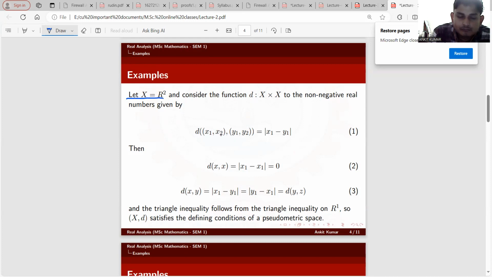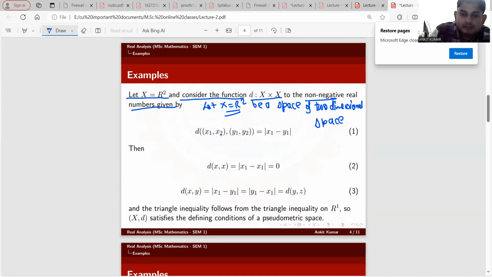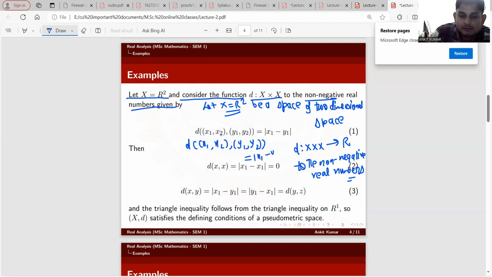So let capital X be equal to R square, a two-dimensional space, and d such that X cross X goes to the non-negative real numbers, d of (x1, x2), (y1, y2) is equal to mod of x1 minus y1.